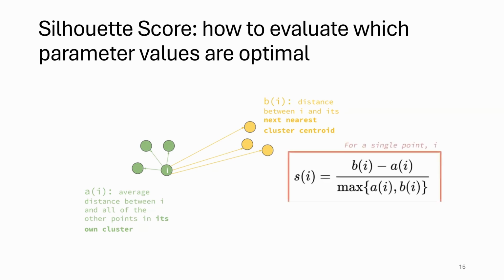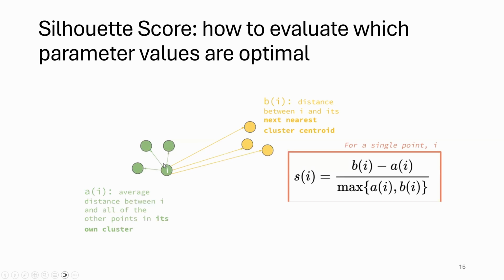If I can demystify this a little bit, for a given data point, you calculate the average distance between that data point and the other data points within its cluster. And then for the nearest other cluster, you calculate the distance from that data point in cluster 1 to the data points in cluster 2.